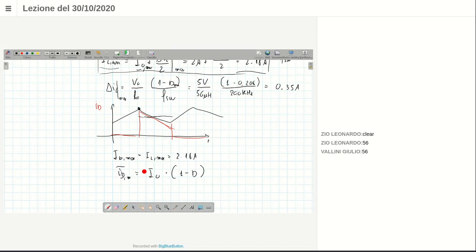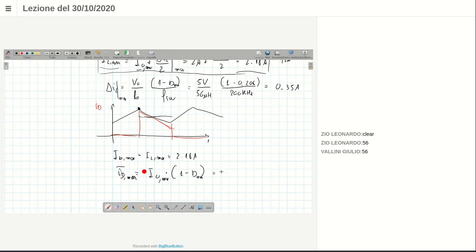Of course, we need to choose the diode considering the maximum average current that it can sustain, which is maximum if the duty cycle is minimum, if this quantity is minimum, and when the output current is maximum.